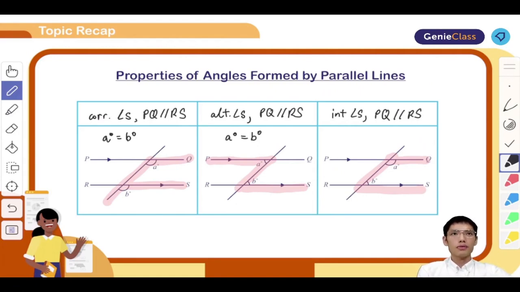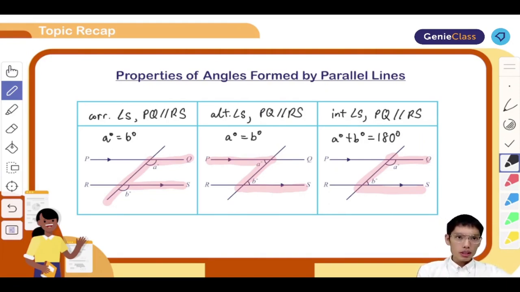Very good, Nguyen. Perfect. So instead of A equals to B, anybody else wants to give it a try before I carry on? Okay, very good. In this case, I have A degree plus B degree equals to 180 degrees. Alright, ZFC: alternate, corresponding, interior. Just remember these 3 and you guys will be in good hands.